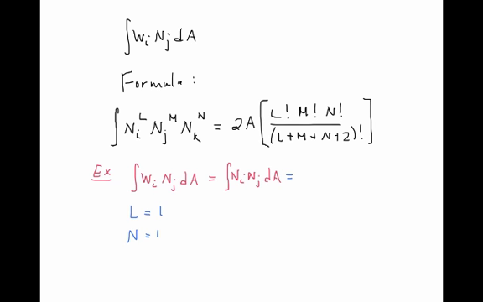So that will give us 2a times 1 factorial times 1 factorial over 1 plus 1 plus 2 factorial, which will give us 2a over 4 factorial. So what we'll get is that the integral of w sub I n sub j dA is equal to a over 12.